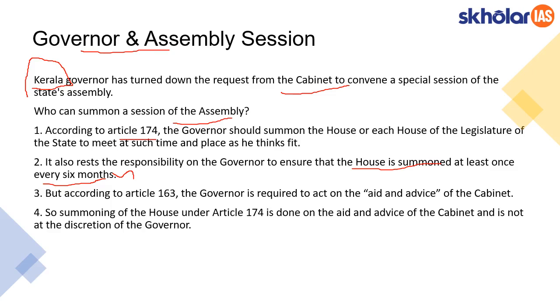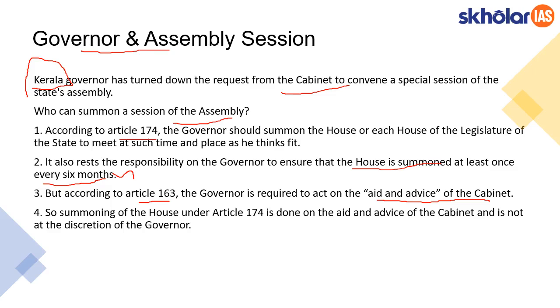The next thing is, though the governor has the power to summon the assembly, he cannot do it on his own discretion, because according to Article 163, the governor is required to act on the aid and advice of the cabinet. We know this. Similar to how the President acts on the aid and advice of the cabinet of the central government, in the same way at the state level the governor also acts on the aid and advice of the cabinet.